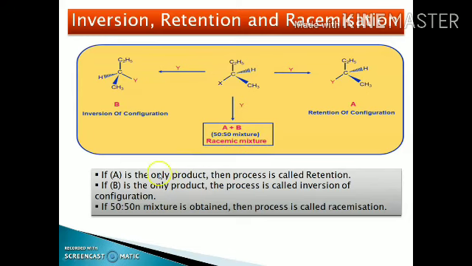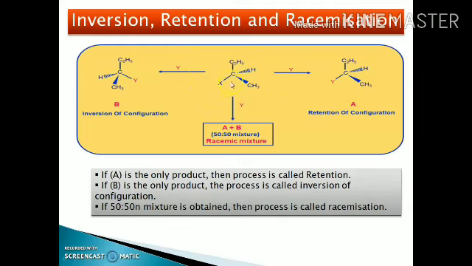I am going to explain again. If compound A is the only product, that process is known as retention, because both X before the reaction and Y after the attack have the same configuration, both present on the left hand side. That is retention, where the configuration is the same.